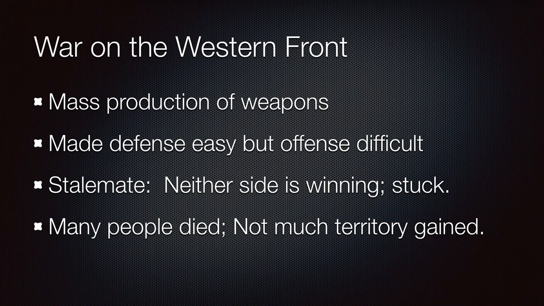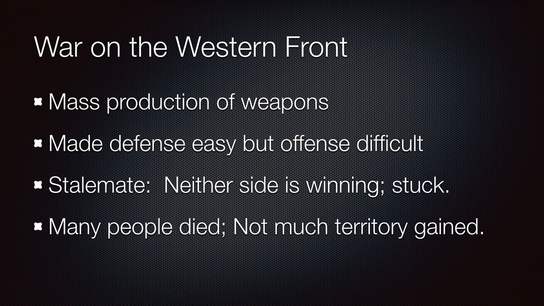So the war on the Western Front, this is the first time that we have the mass production of weapons and ammunition. And this made defensive positions easy to hold, but it made offense really difficult. So the defense was fine, you could defend yourself, but it was very hard to take any ground from the other side.